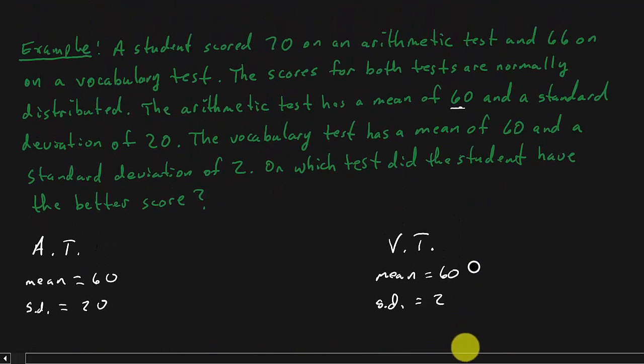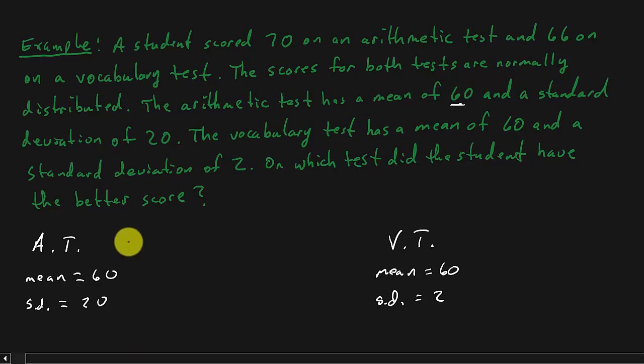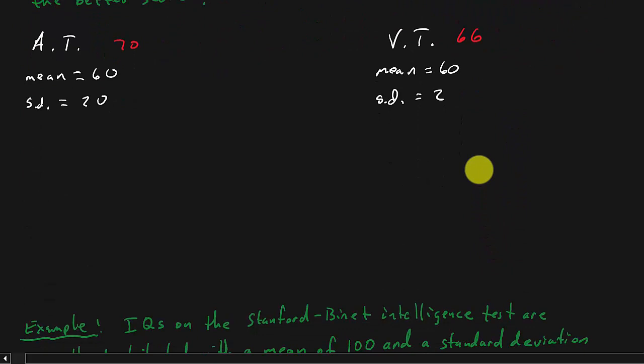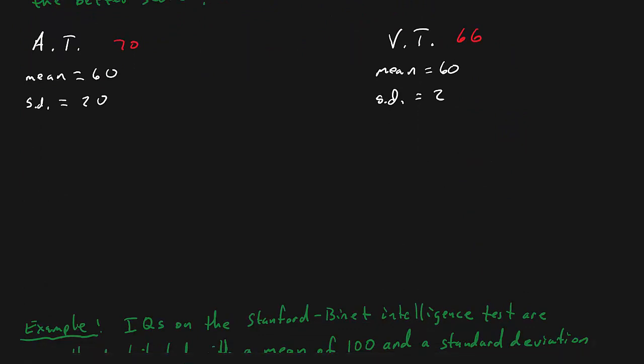All right, so let's see. On the arithmetic test, he made a 70, and 66 on the vocabulary test. All right, so we've got all the information we need. So let's look at the z-score for the arithmetic test.